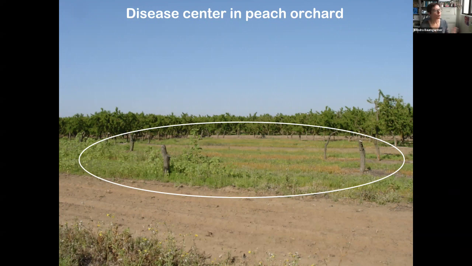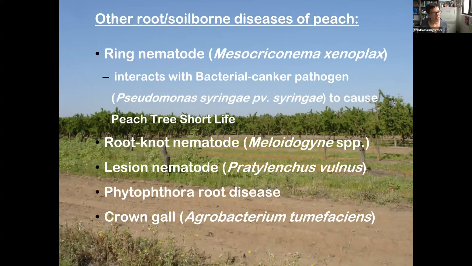Also at this site, though, were some other root diseases, and I've listed them here. I have to give credit to other root diseases. Armillaria is not the only important one for peach and almond. We also have the ring nematode, which in a disease complex with the bacterial canker pathogen Pseudomonas syringae causes a disease on peach that we call peach tree shortlife.